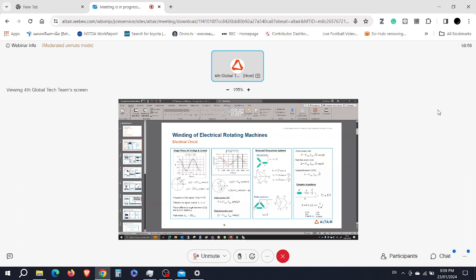And we have the reactive power as well. It's the same thing, but multiplied by sin phi. This cos phi is due to the phase angle between the current and the voltage supply.